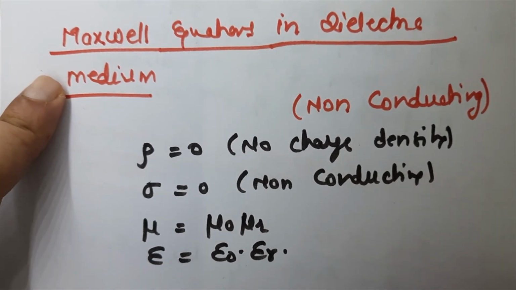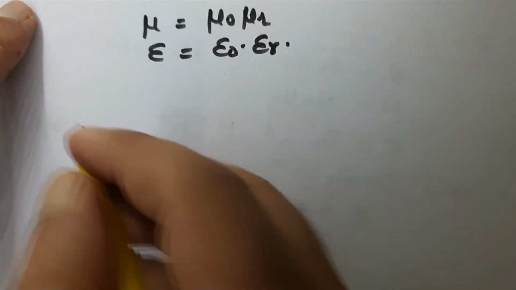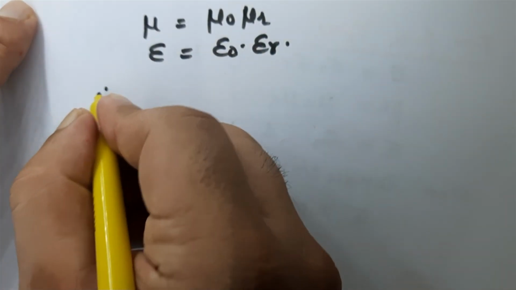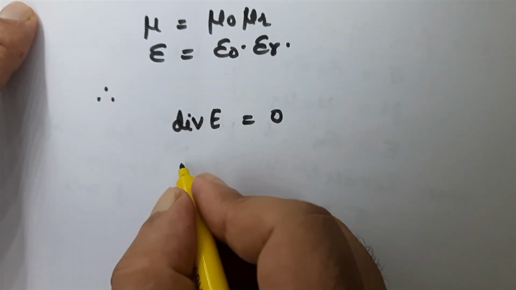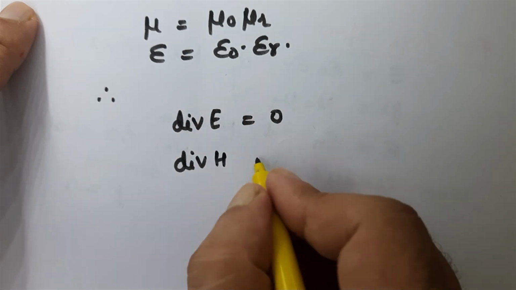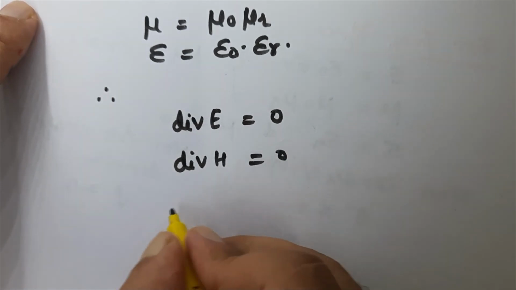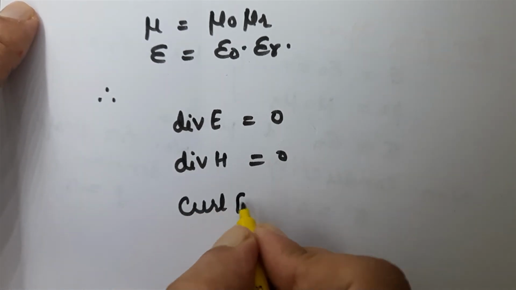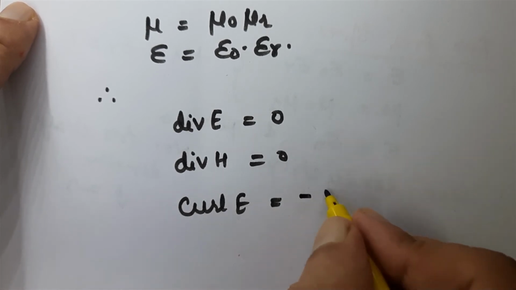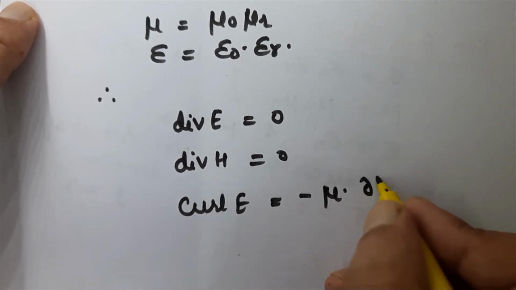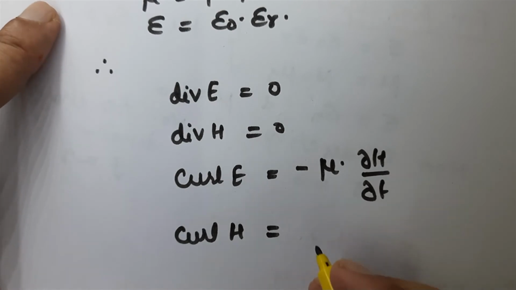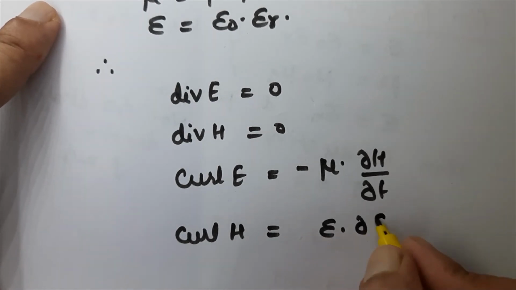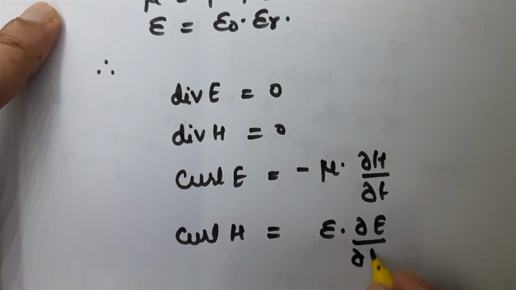So the Maxwell equations for this dielectric medium can be written as divergence E equals 0, divergence H equals 0, curl of E is equal to minus mu del H by del t, and curl of H is equal to epsilon del E divided by del t.